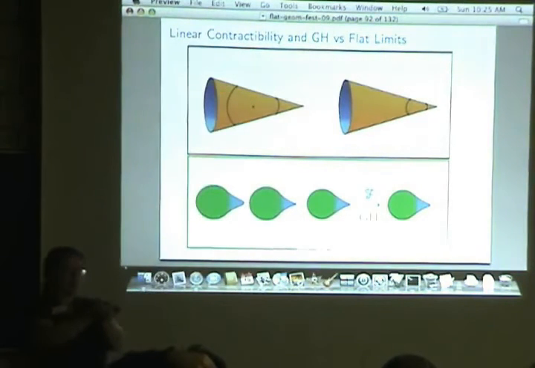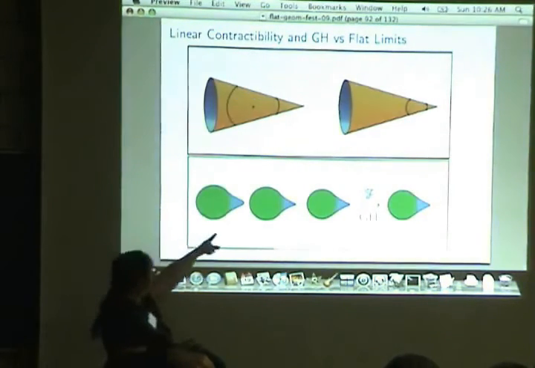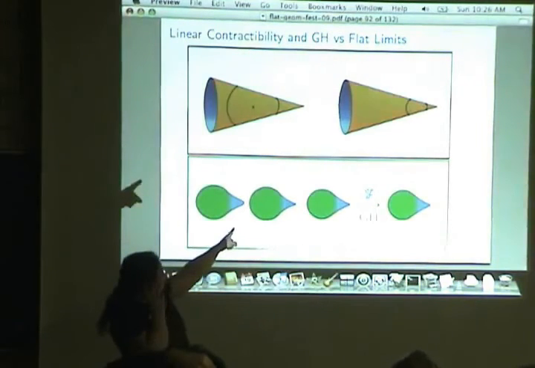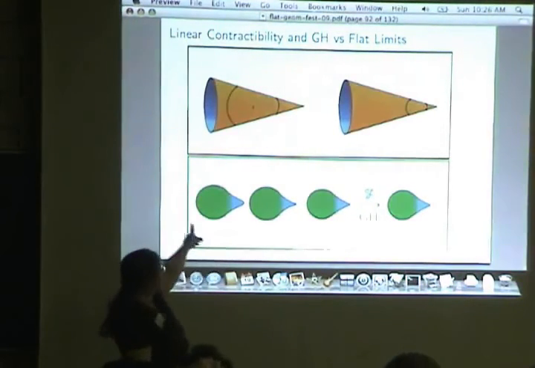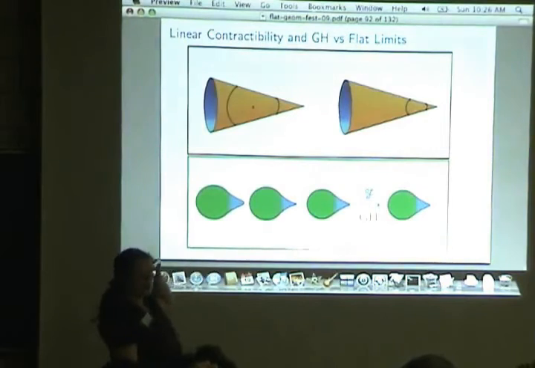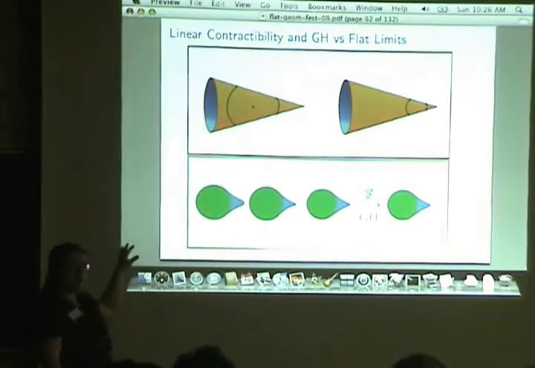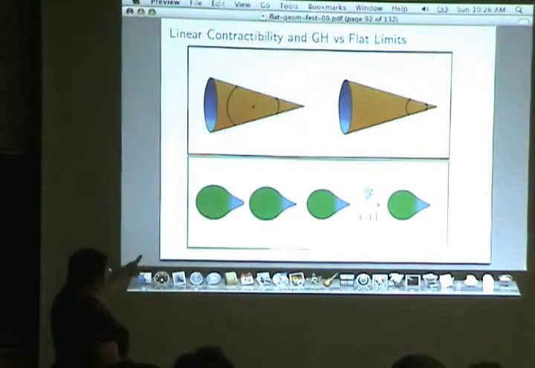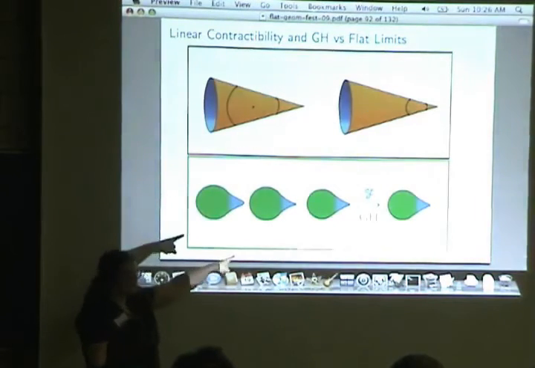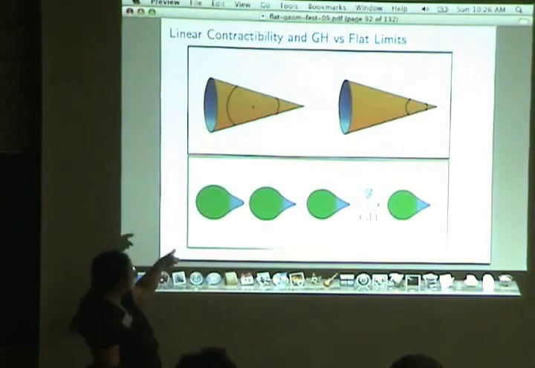So that ball, even though it wrapped around, is not contractible in itself. But if you double the radius, it can pull over the tip and contract. That little ball over there, again, double the radius, you can pull over the tip. So the conical tips are linearly contractible. And this example of a sequence that we said flat converges to something with a conical tip, these are uniformly linearly contractible.